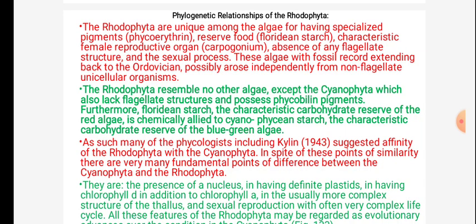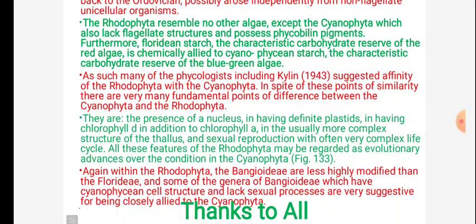Then in phylogenetic relationship, the Rhodophyta, mainly due to pigment, reserve food, and other characteristics, are to be related with the other members except the Cyanophyta, which also lack the flagella and possess the phycobilin content. Then according to Klein in 1943, the affinity of Rhodophyta is with Cyanophyta in spite of these similarity points. Here the presence of a nucleus having a definite plastid, and chlorophyll D in addition to chlorophyll A, usually shows a more complex structure.